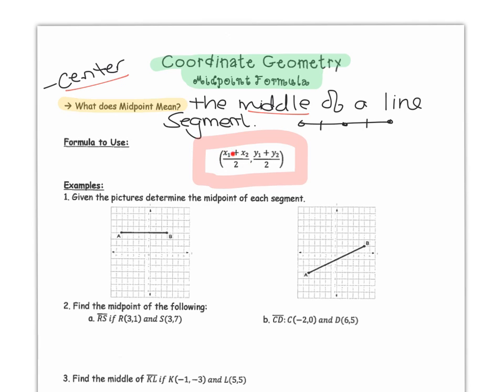That's how I get my x coordinate. How I get my y coordinate is I take my first y value, add it to my second y value, and then divide by 2. And I always have to write it as an ordered pair. You might want to write that down because a lot of people accidentally forget to do that. My answer is always an ordered pair.